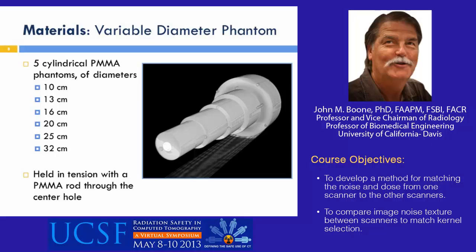These were held together, and that was essential so that all of the cylindrical phantoms would be located at the isocenter of the scanner, and this would be centered in the acquisition gantry. This was accomplished with a rod that held this stack of phantoms together. We call this the wedding cake phantom for somewhat obvious reasons.